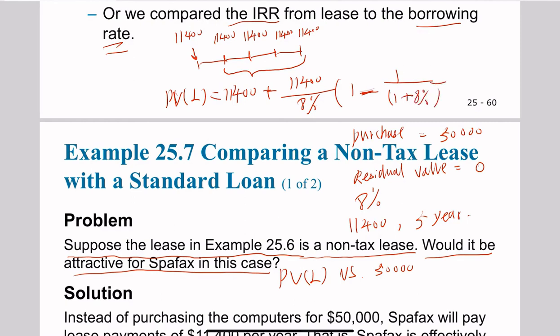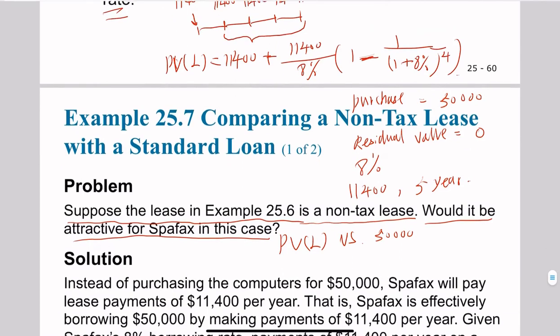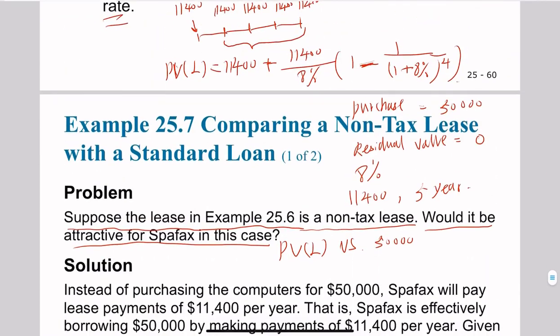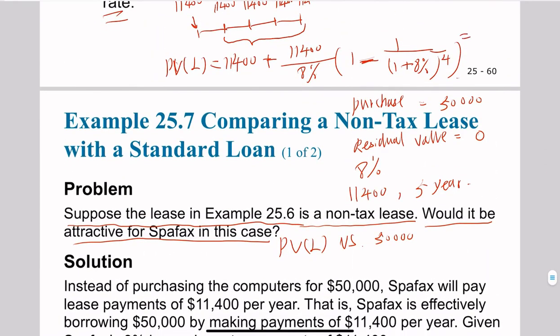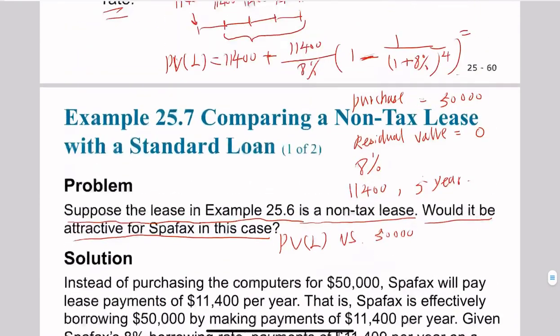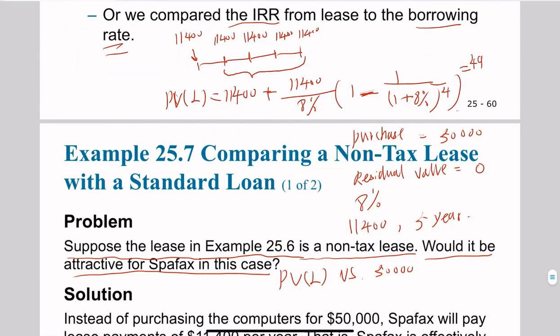Hope I am correct here. Right? So that's it, and you will find that the present value of the lease payments equals 49158.